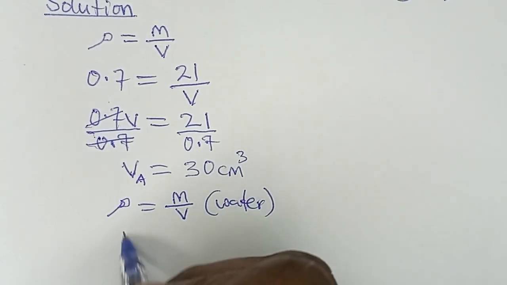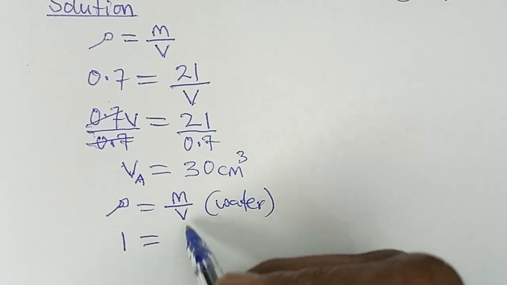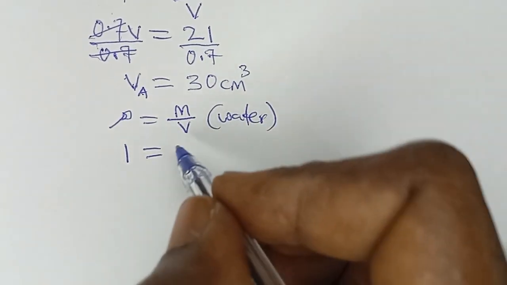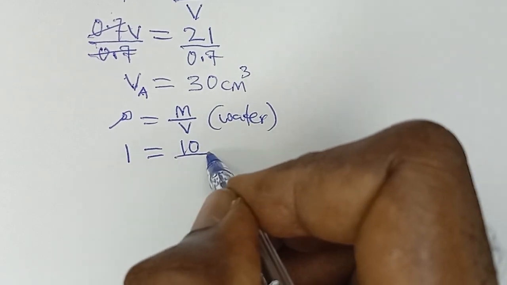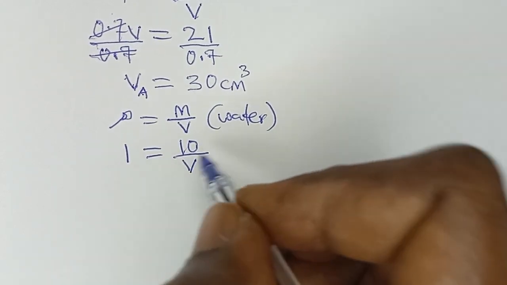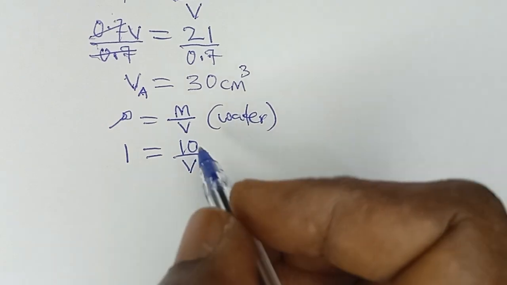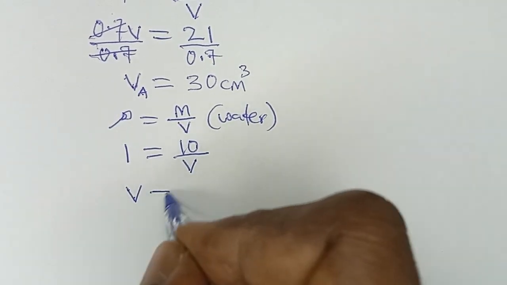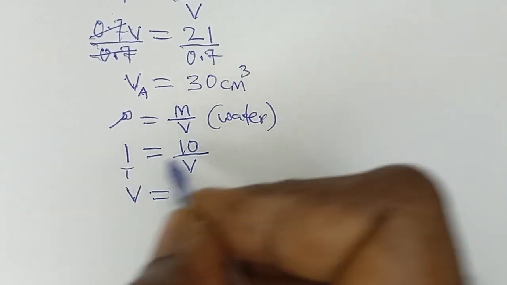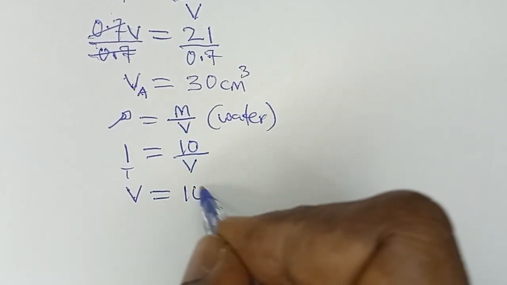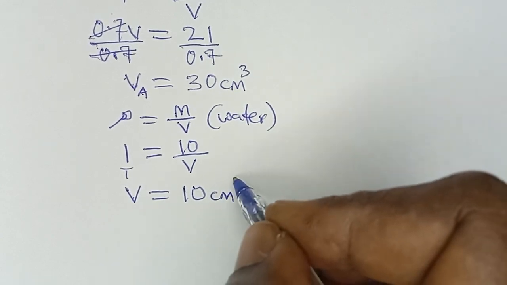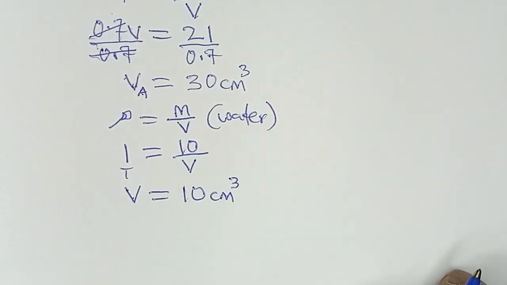The density of water is 1 as given to us in the question, and the mass of the water is 10 gram. We're looking for the volume of the water. So by the time we cross multiply, we have 1 multiplied by V, and that will give us V is equal to 10 multiplied by, this is like over 1, 10 multiplied by 1 will also give us 10. So the volume of the water is 10 centimeter cube.